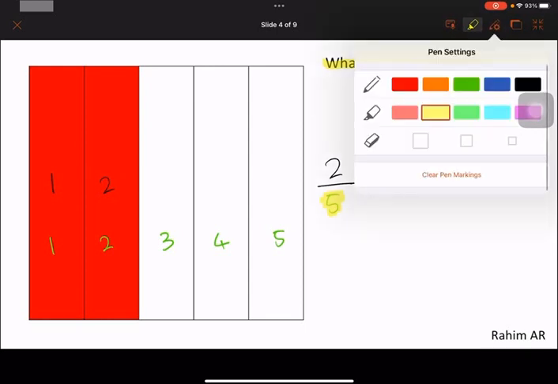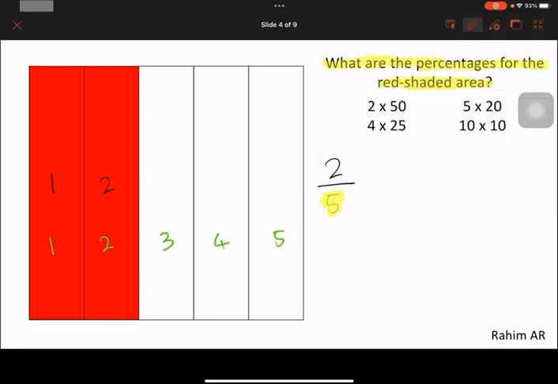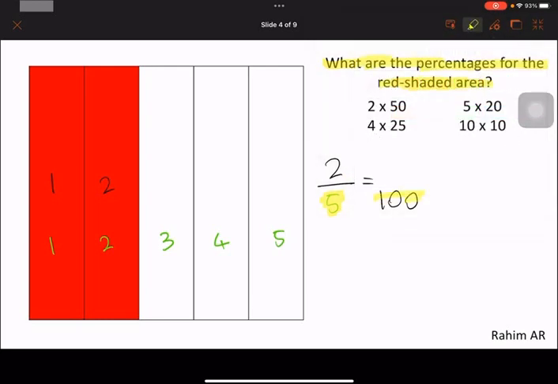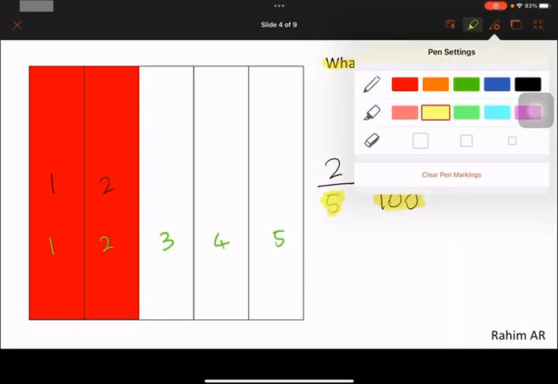In order for us to change any fraction into percent, we have to make sure that the denominator is 100. So how are we going to do it? We use multiplication.